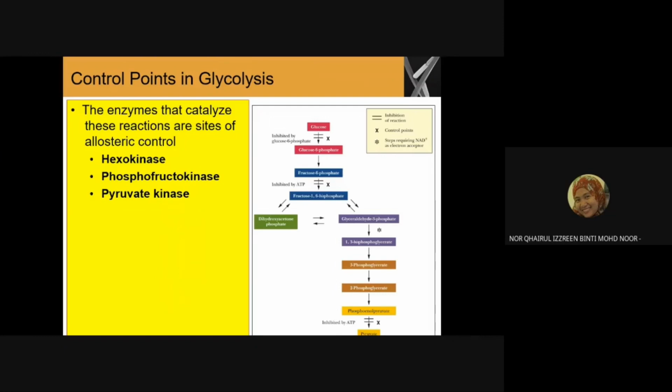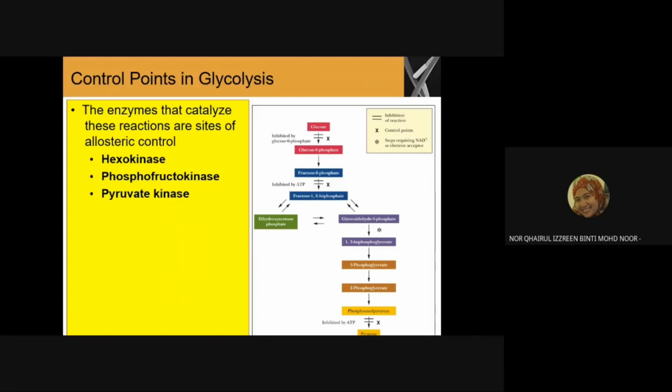When it combines with the enzyme, it changes the conformation. When it changes the conformation, fructose 6-phosphate can no longer attach to that enzyme, and therefore cannot be converted to fructose 1,6-biphosphate. So this acts as control point number 2.